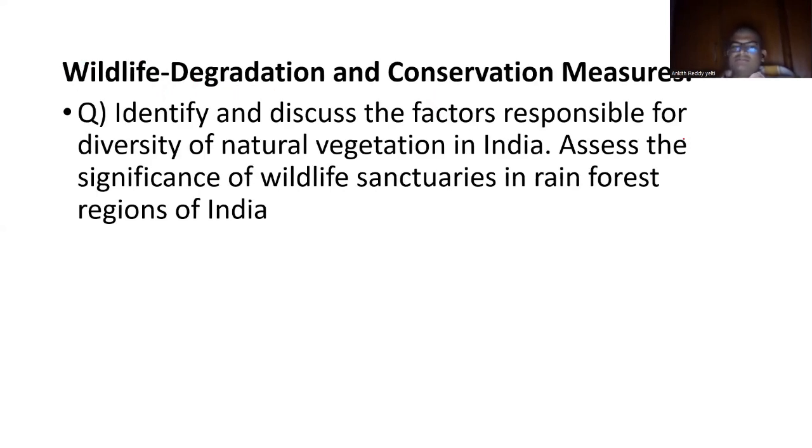So here is one model question: identify and discuss the factors responsible for diversity of natural vegetation in India. Assess the significance of wildlife sanctuaries in rainforest regions of India. So you need to identify and discuss the factors responsible for diversity in natural vegetation. Why do we have such diverse natural vegetation in India? Just now I told you: because of the rainfall pattern, temperature difference, relief features, and types of soil.